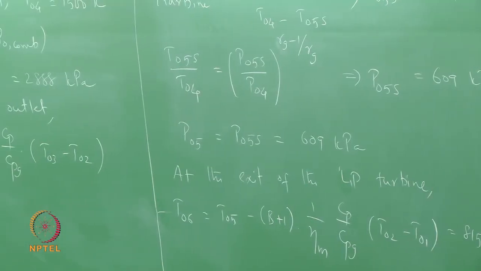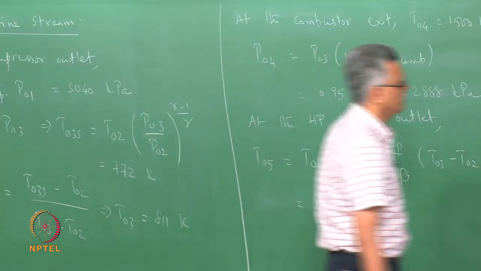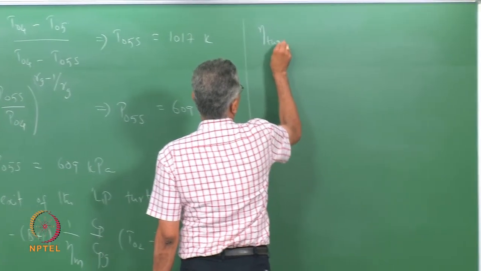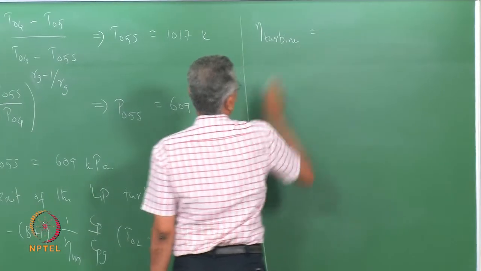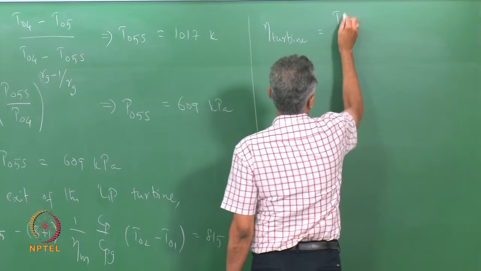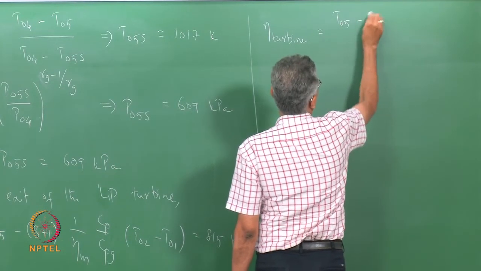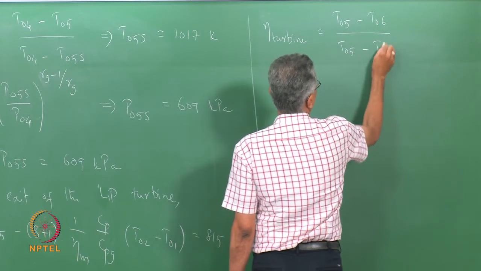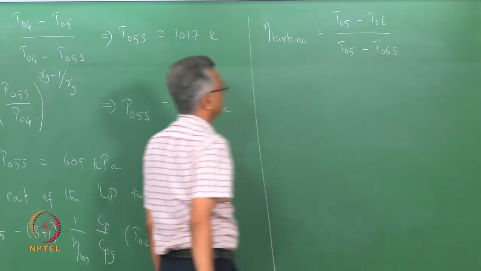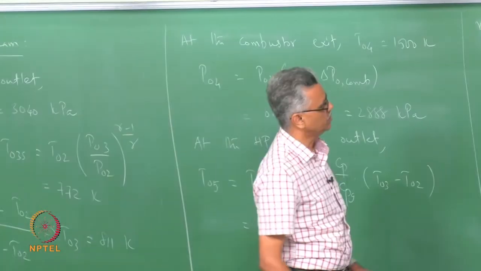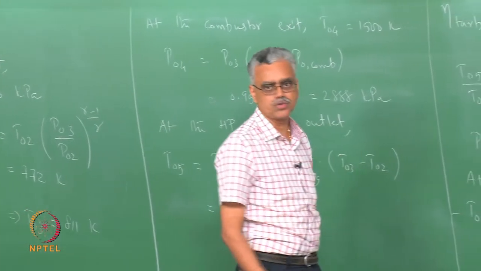So, I have T06, and from the expression for the isentropic efficiency of the turbine, I can write the following. This is the definition: T05 minus T06 divided by T05 minus T06S. I know T05, I know T06, efficiency of the turbine is also given.